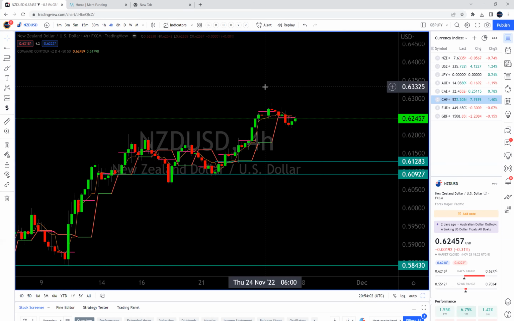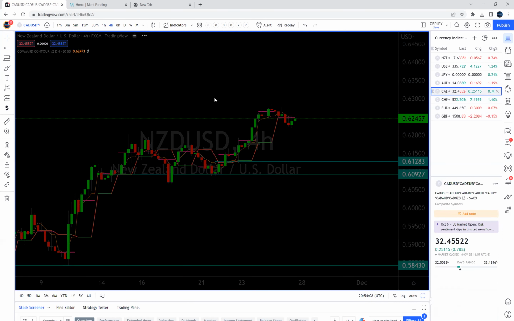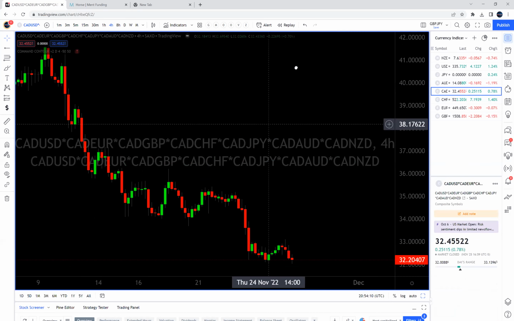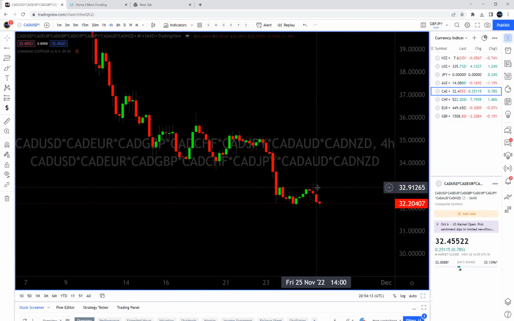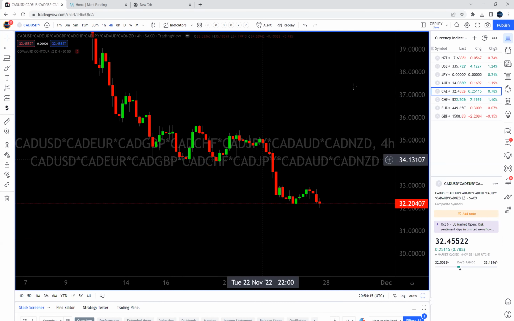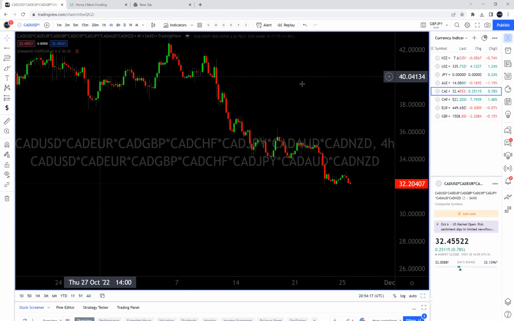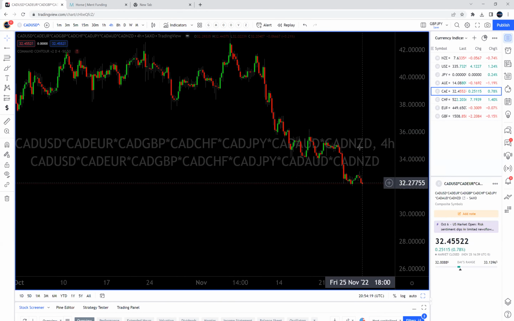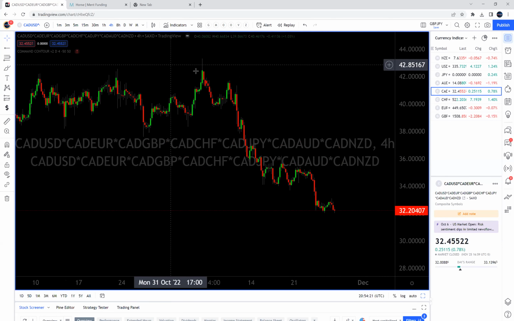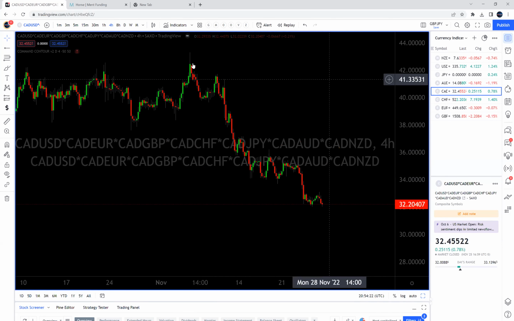Excellent. So does that clarify how you could use the indexes to come up with an opportunity? But again, just remember that the reason why these currencies are falling off like that is something fundamental that happened. Now, look at this CAD, for example.